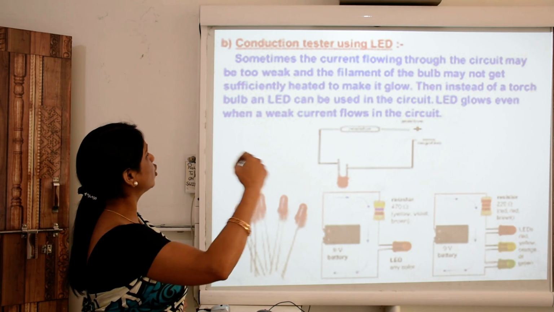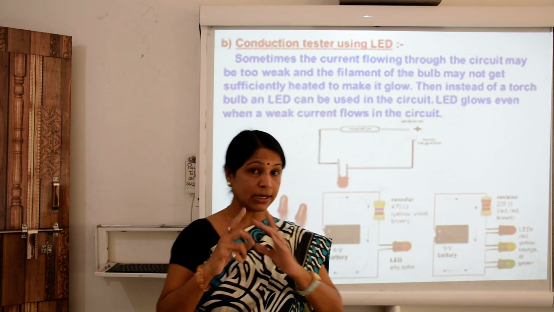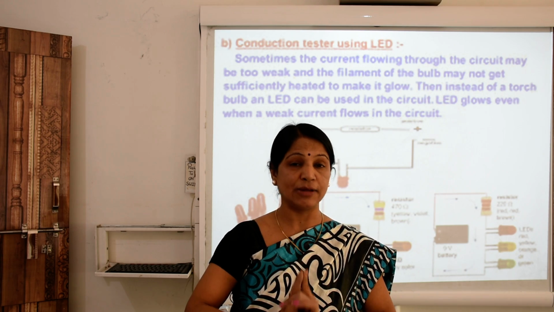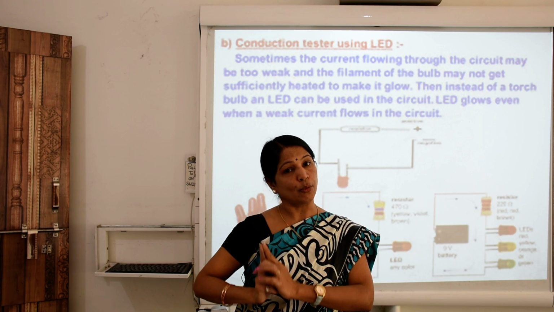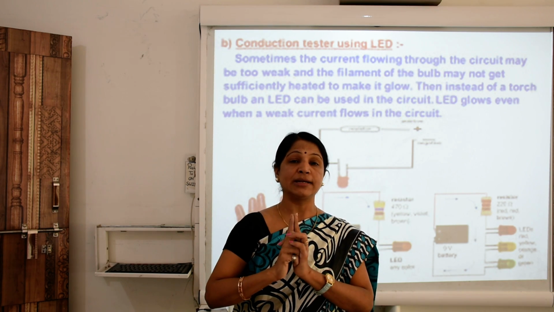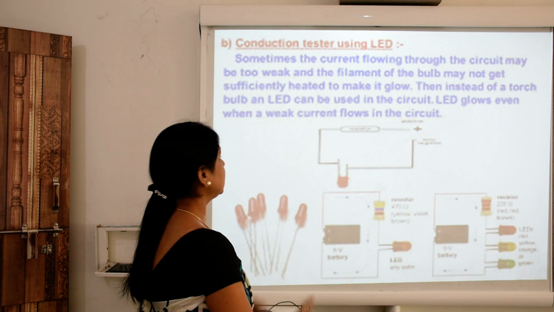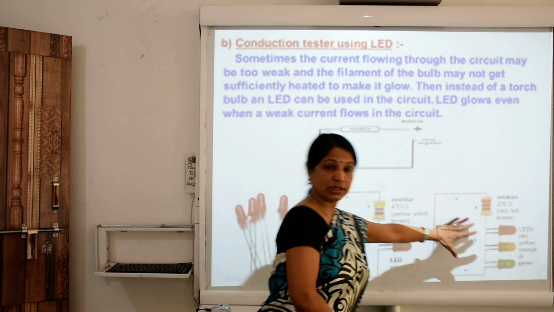An LED glows even when a weak current flows in the circuit. The LED is a device that changes the weak current into a proper one, and by this device we can save electricity. It is shown in this picture how to use the LED.